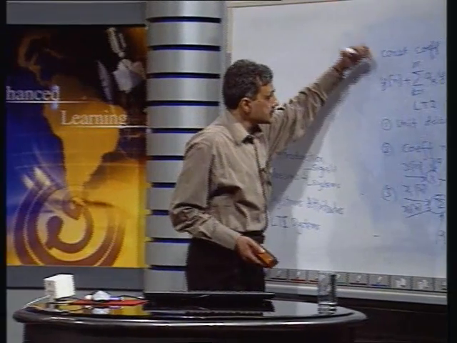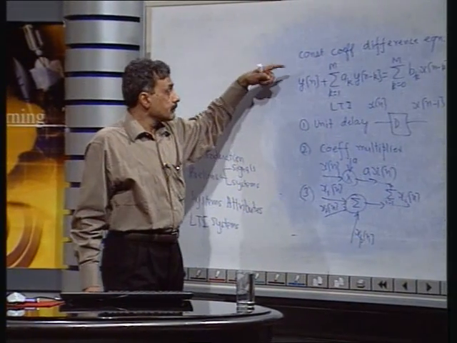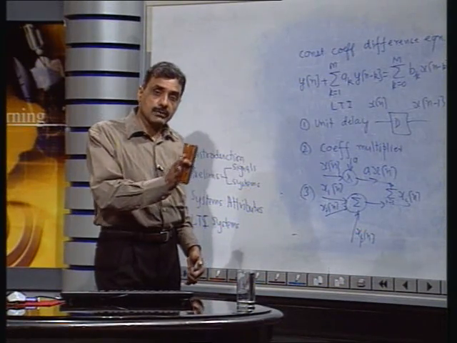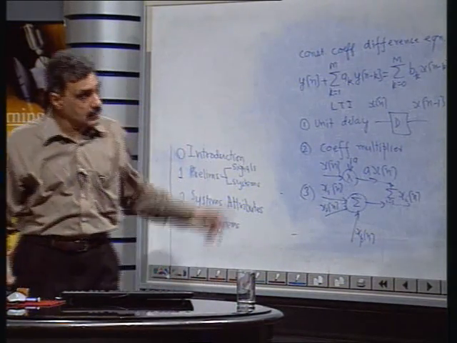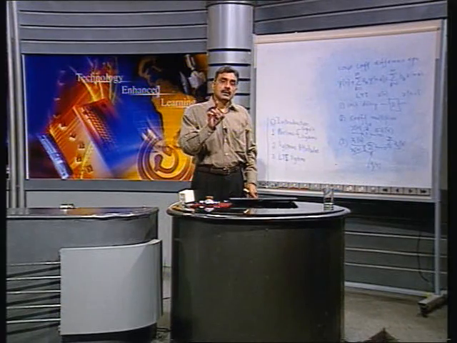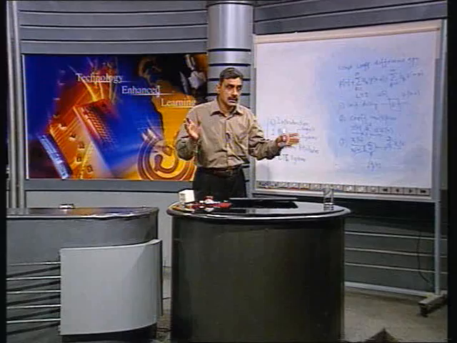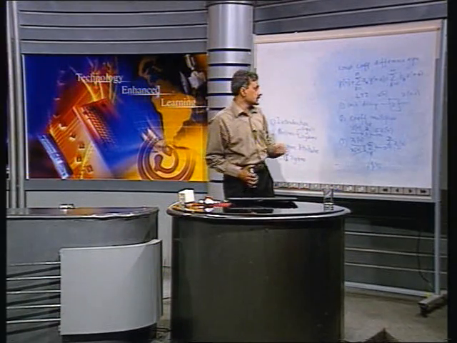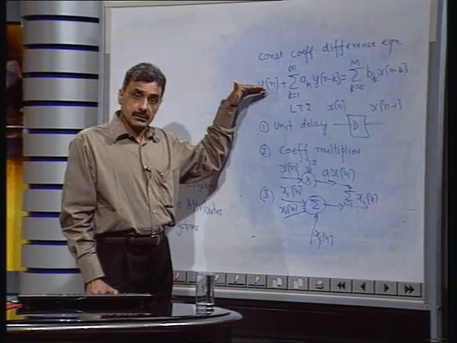Let me quickly rewind. This is a characterization: if I am considering a linear time invariant system, a constant coefficient difference equation with initial rest approximates a very large class of LTI systems. So this is of main concern to us, constant coefficient difference equations.